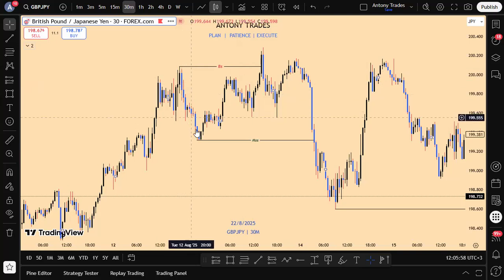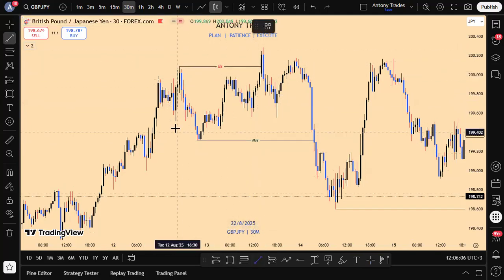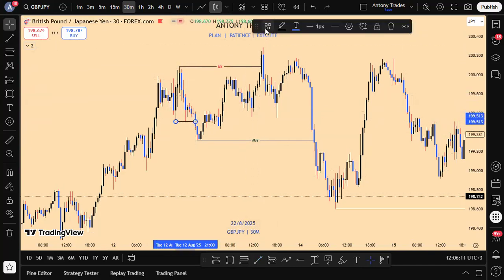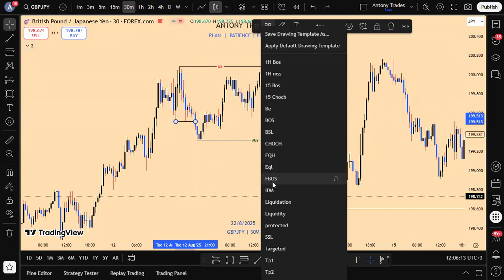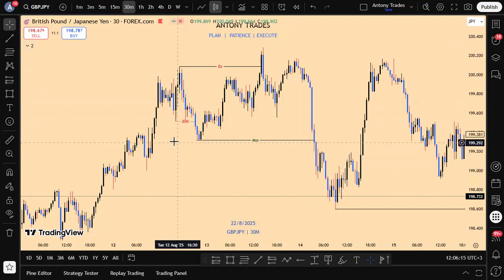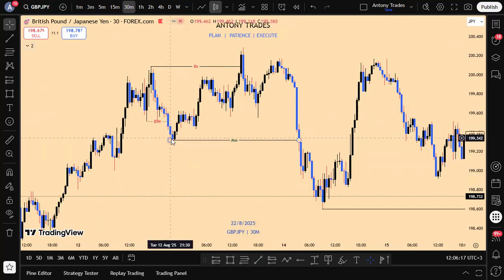You can see the market came down, swept liquidity below this low, then pushed to the upside and broke the structure. This becomes an inducement. After the market swept this inducement, it went ahead and broke the structure to the upside.